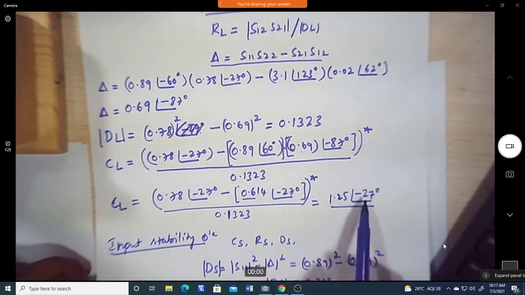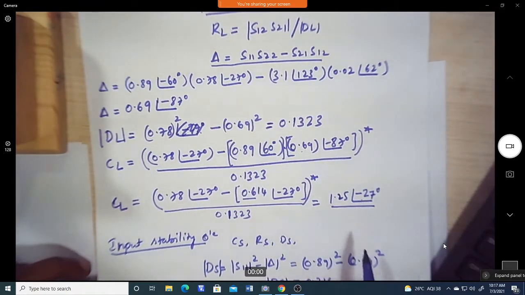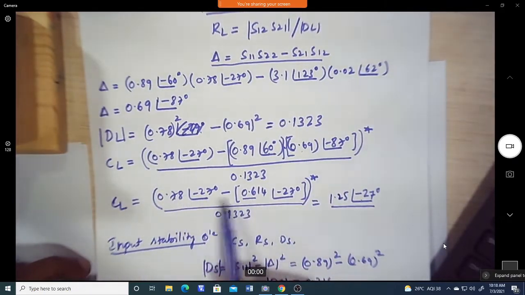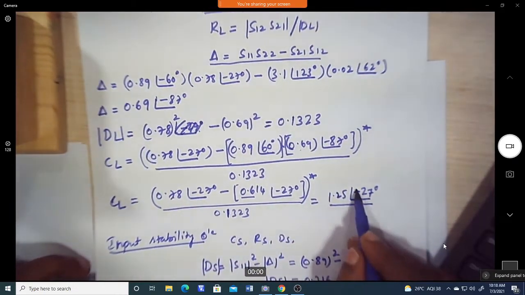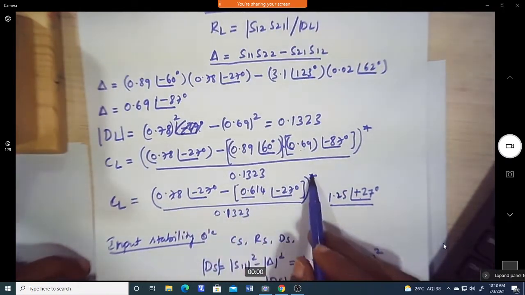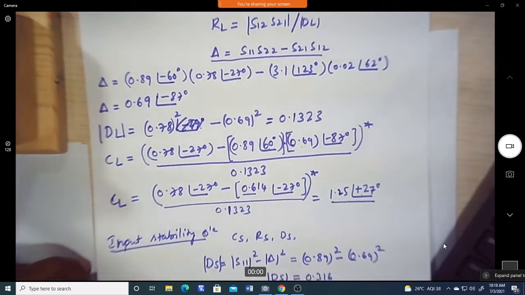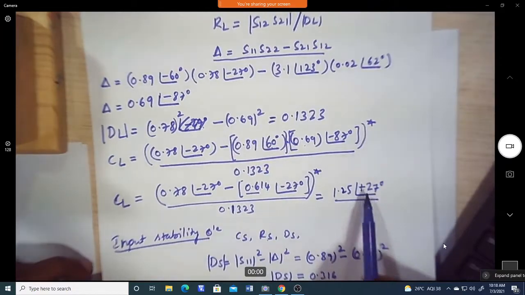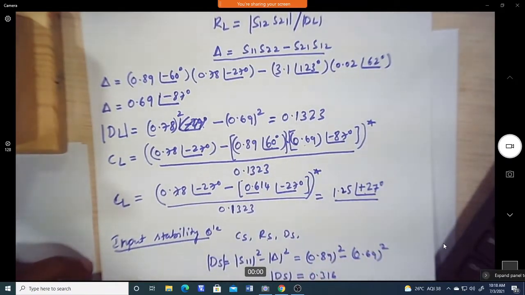After the complex conjugate, it may become plus.